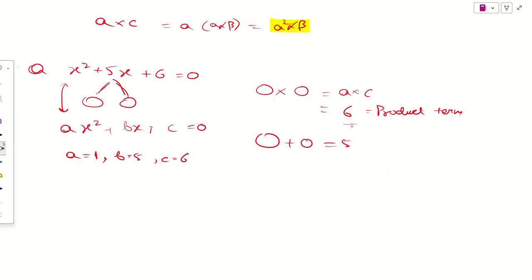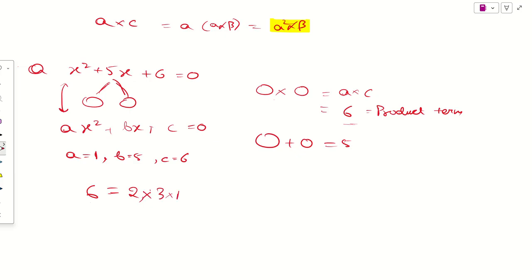You have to factorize this product term. So the factors of 6 are 2 and 3. They are the prime factors of 6. It will be 2, 3 and 1, right?